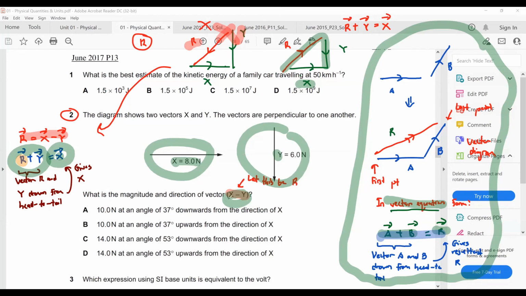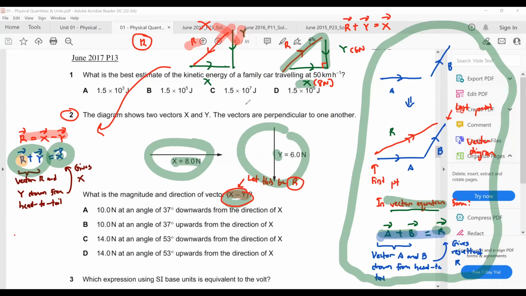So now you want to find the magnitude and direction of vector x minus y, which is your r here. From here, you want to find the magnitude. Recall that I mentioned that for right angle triangles, you can normally just do your calculation straight. So this one is 8 Newton. This one is 6 Newton. Your R is your hypotenuse.